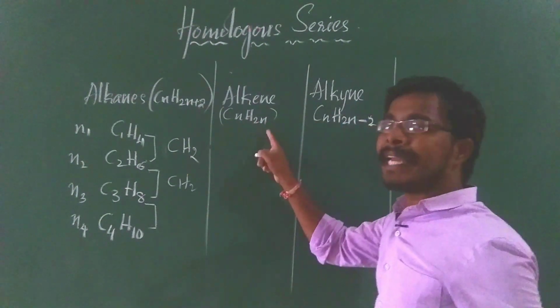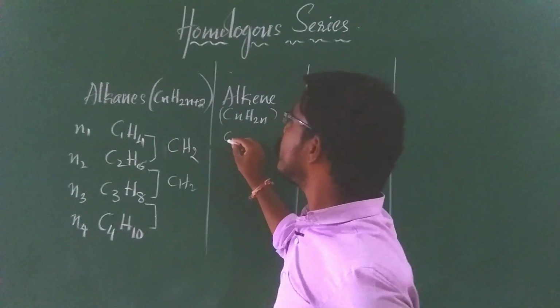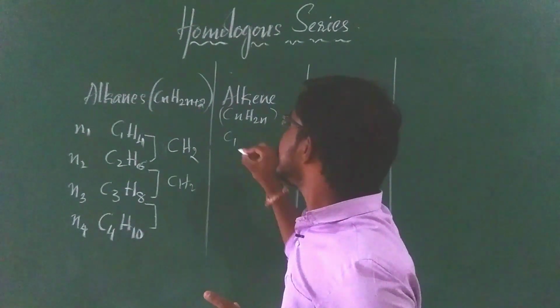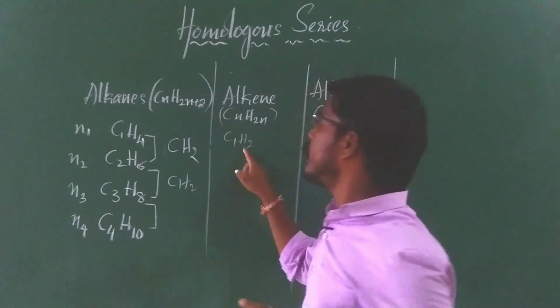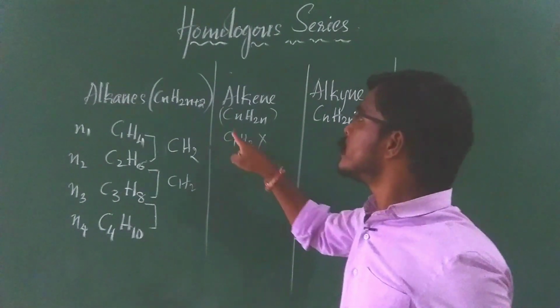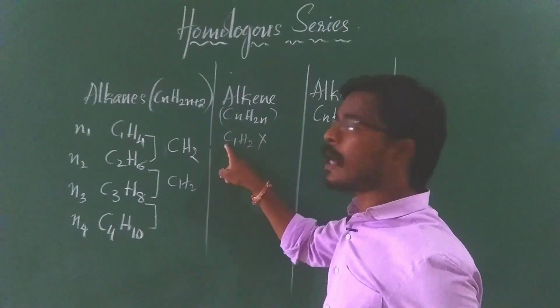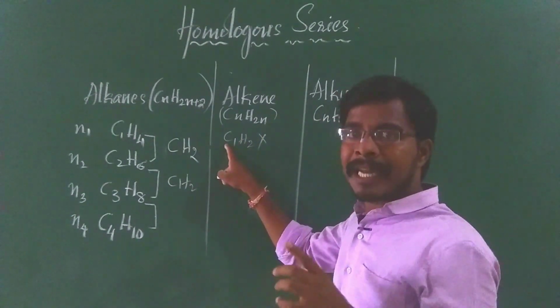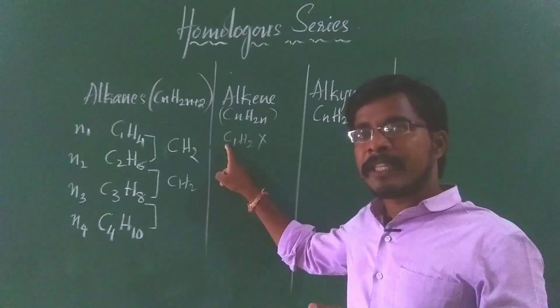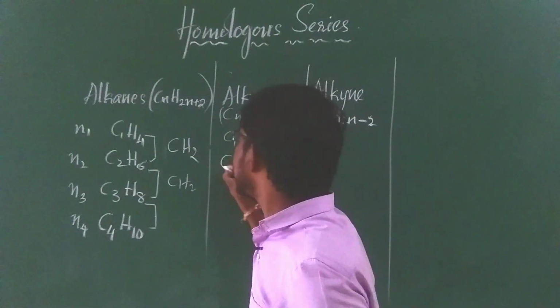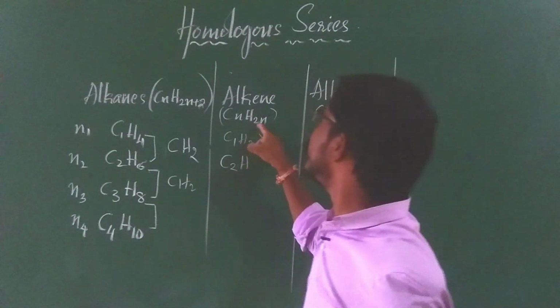When it comes to alkene, if you take n equal to 1, C1H2, this is not possible. 2 into 1 is 2, so carbon will not get satisfied. The valency of carbon is not going to be satisfied. Due to that, you have to take C2 and H, 2 into 2, 4.